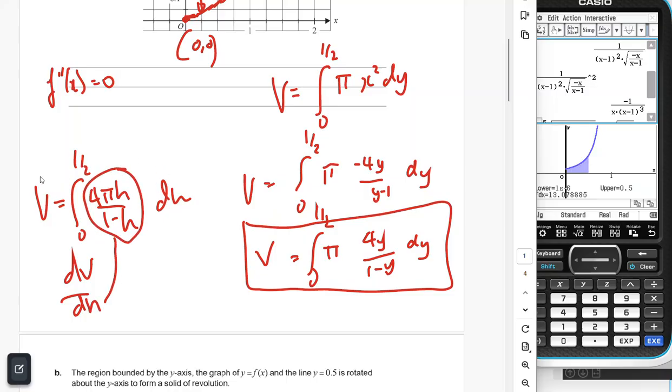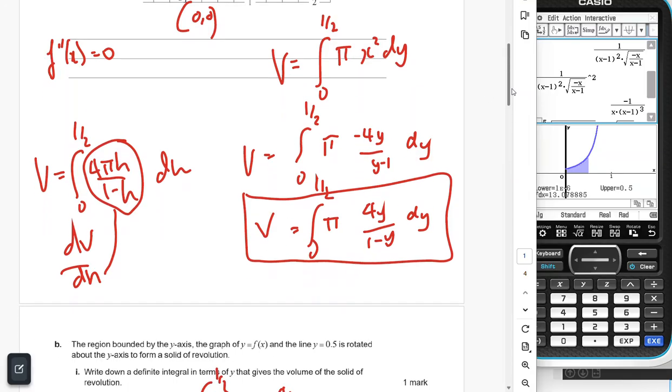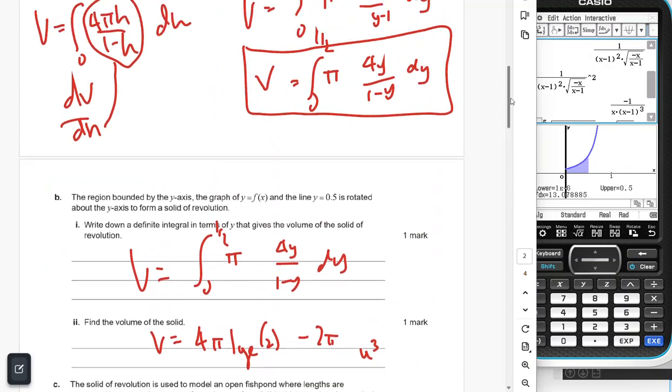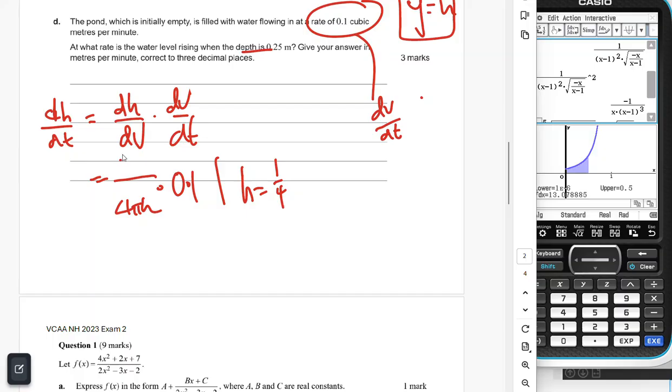If this is an expression for the volume, then the derivative of the volume will be the inside of that. So that was 4 pi h on 1 minus h. So that's going to be over 4 pi h. And what was the denominator again? 1 minus h. And that will give you your answer.